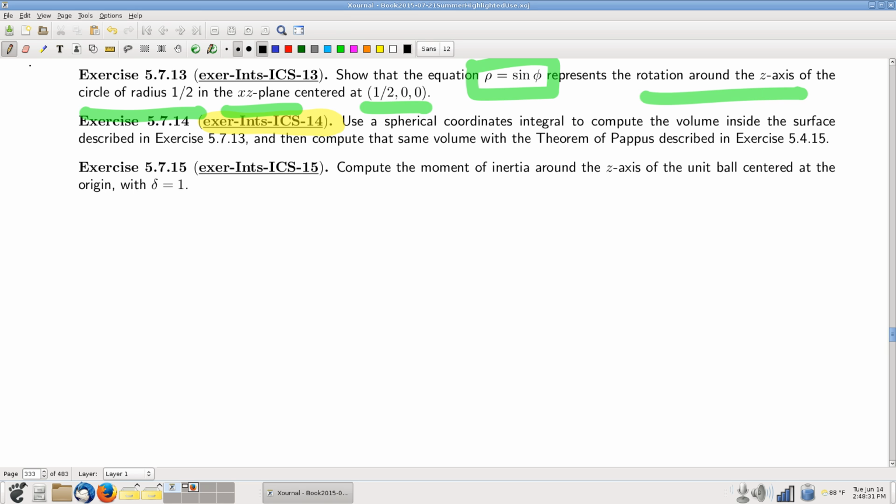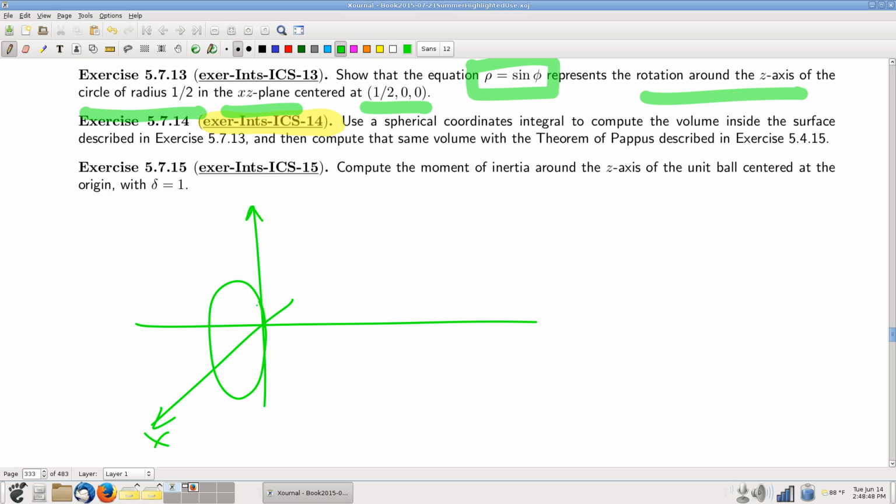So let's draw that picture. Again, it's just given that. So we've got a circle of radius 1/2 centered at 1/2. So it's this circle in the xz plane rotated around the z-axis.